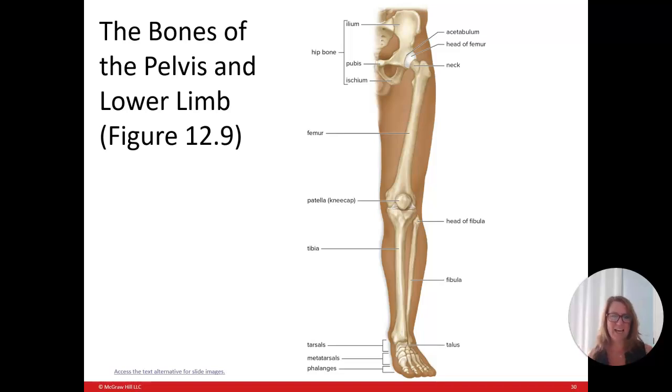Okay, we take a look at the bones of the ankle. So we have the tarsals. And then we have the foot proper, if you will, the metatarsals, and then your toes are called the phalanges. So not too bad. Again, focus on the study guide and remember the figure in your mind. So we will go on to part 3.